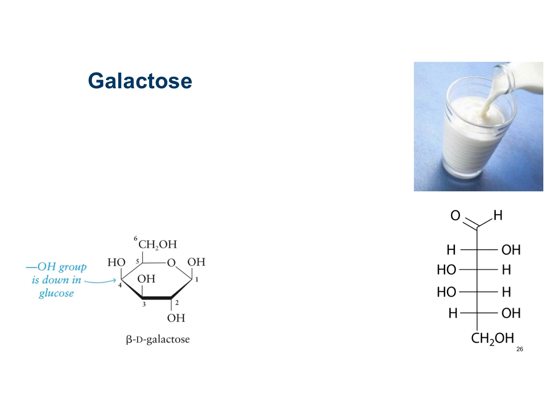This is synthesized in the mammary glands where it's incorporated into lactose, the sugar found in milk. It's also a component of substances present in nerve tissue. So this is a component of lactose, which is a disaccharide, which is milk sugar.